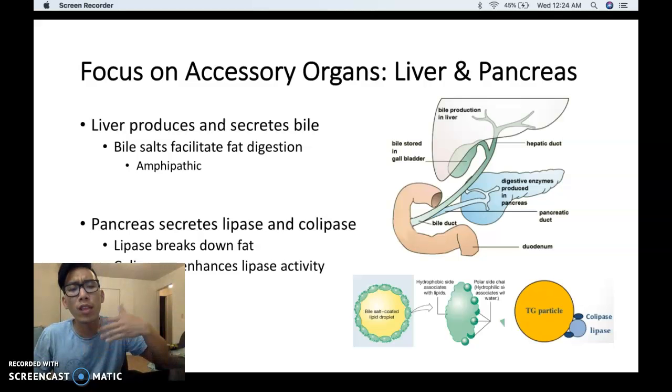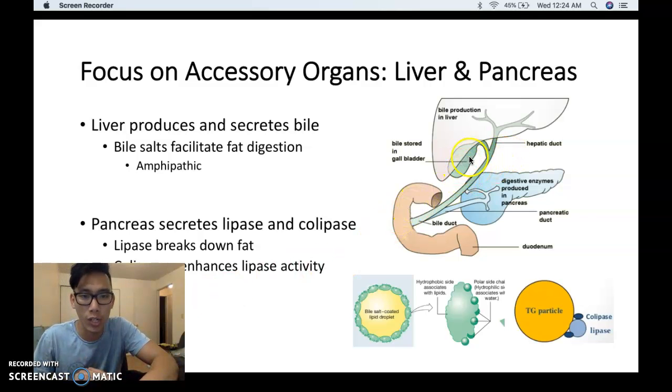substrates. Now, the glandular organ that I didn't mention in this slide is the gallbladder, which is this green structure that you see right here.